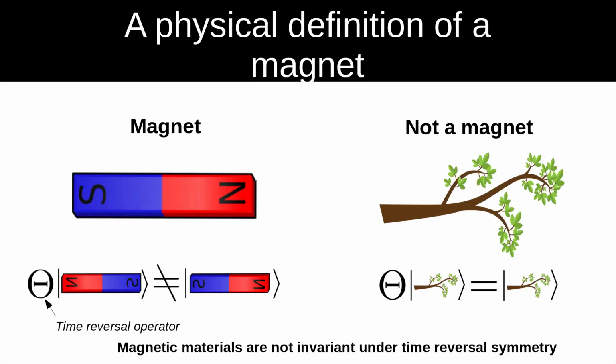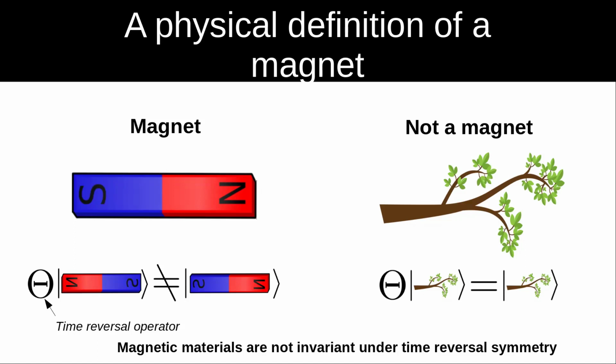So if we continue with the example of the magnet, if you take a magnet that has a north pole and south pole, and you apply time reversal symmetry to it, you essentially switch the poles, because each pole is related with, let's say, the normal to your orbital momenta, and if you switch the sign of your orbital momenta, then the poles change.